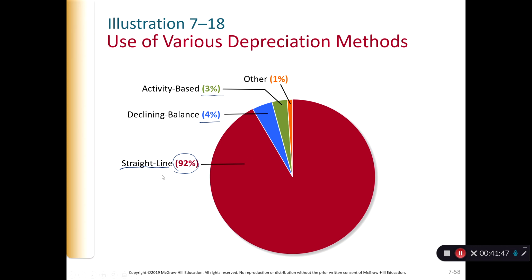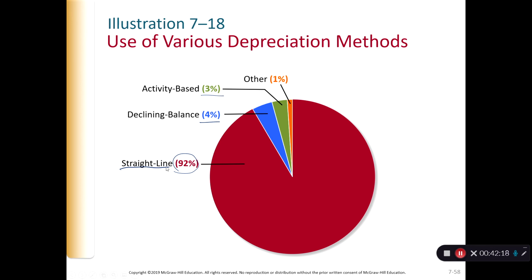Another positive thing about straight line is that the reported net income is higher than the net income under double declining in the earlier years of the asset's life. The higher net income can improve the bonuses of the management, increase stock prices, and reduce the likelihood of violating debt agreements.